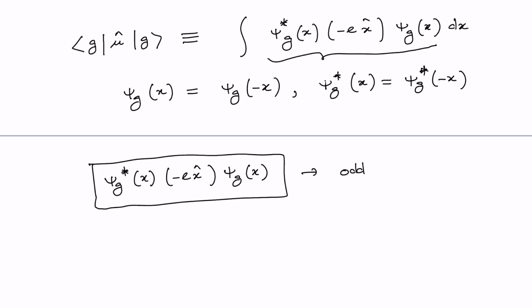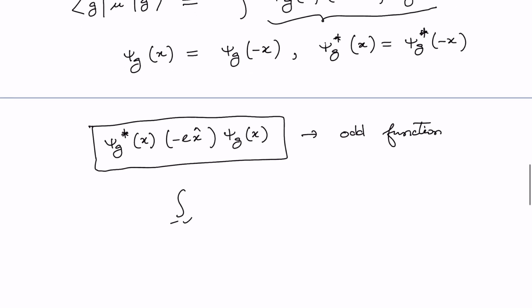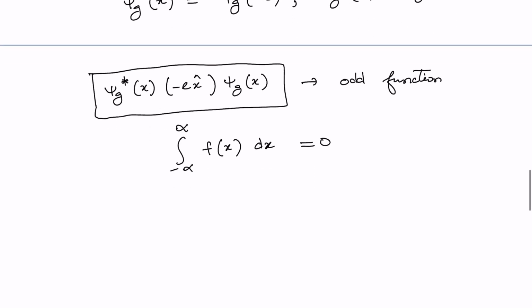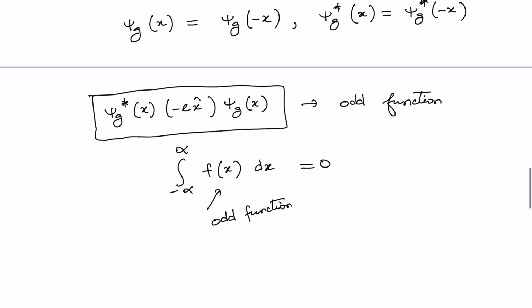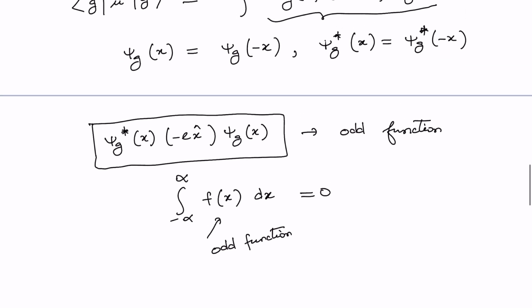It's an odd function. Now you are taking the integral from minus infinity to plus infinity, and you know that when you integrate an odd function, this is going to give you 0. So f(x) here is an odd function, and you can show the same result even if ψ_g(x) has odd parity rather than even parity.